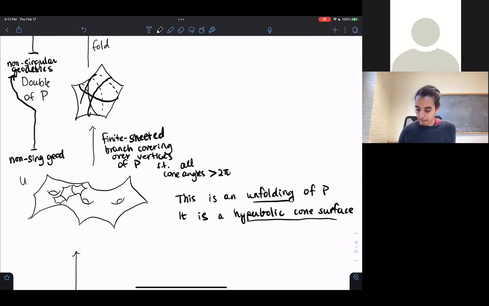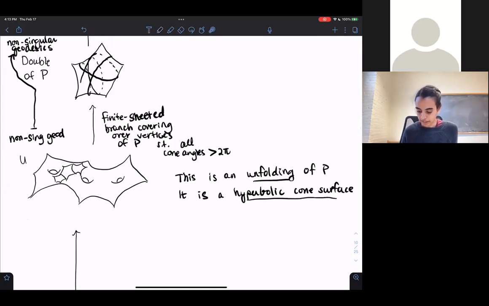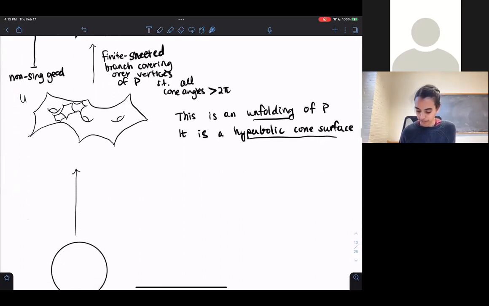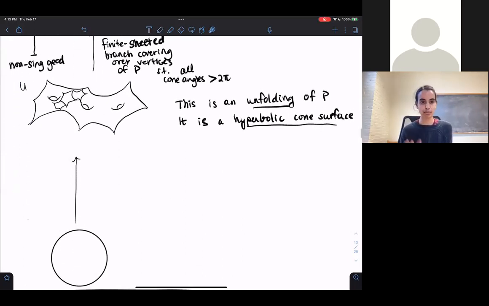Let's go one step more, which is let's take the universal cover of U. So that looks sort of like the universal cover of a hyperbolic surface, except there are all these cone points. And I can't draw them all, but they're accumulating as I go to infinity. Oh, I have a question.